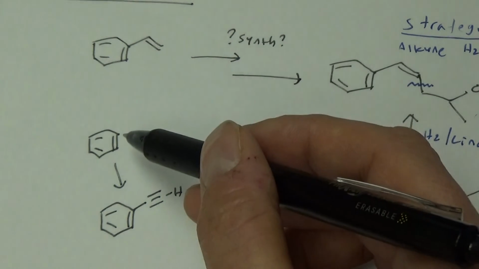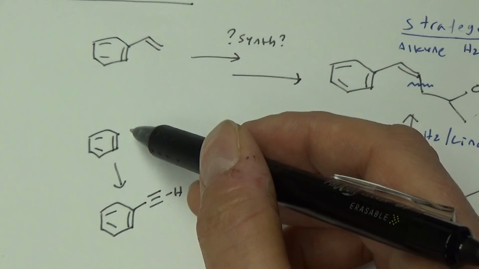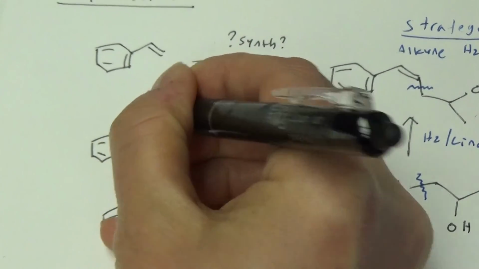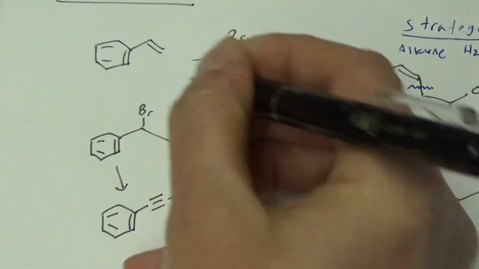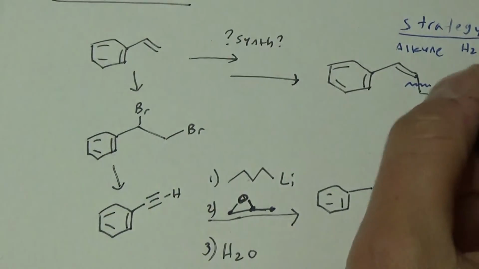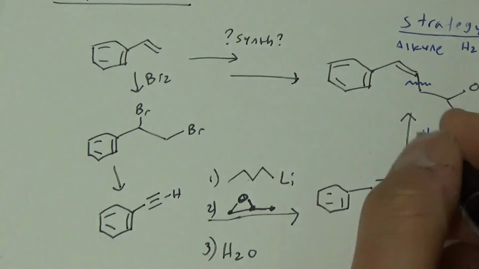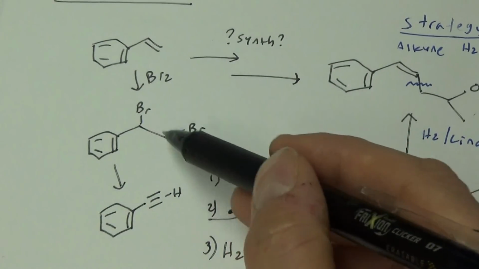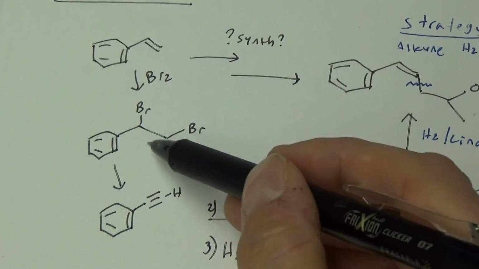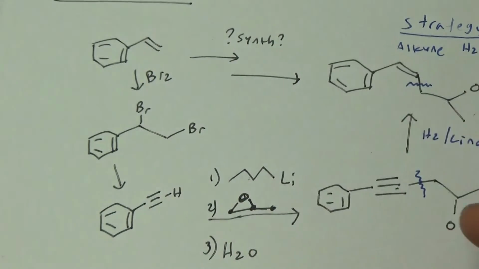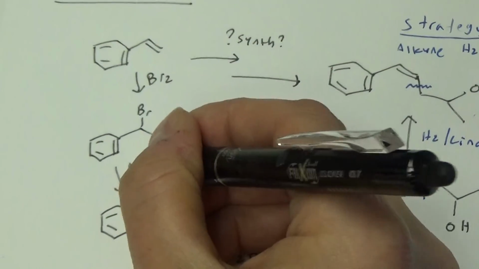And of course, the first thing we learned with alkynes is that you can first do a bromination of the alkene, so that's Br2. And then once you got the dibromide, you can double eliminate. So you rip off one proton to make an alkene, rip off the other proton to make an alkyne, and you just use NaNH2 there.